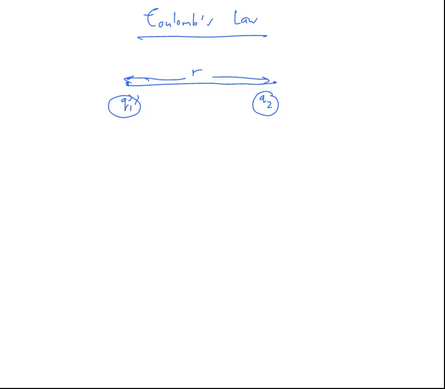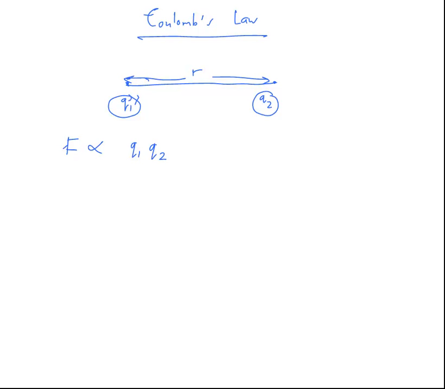Coulomb's law is what converts this intuition of ours into a mathematical form. What Coulomb says is that the force between these two charges is directly proportional to their product, that is, the product of the magnitude of the charges.